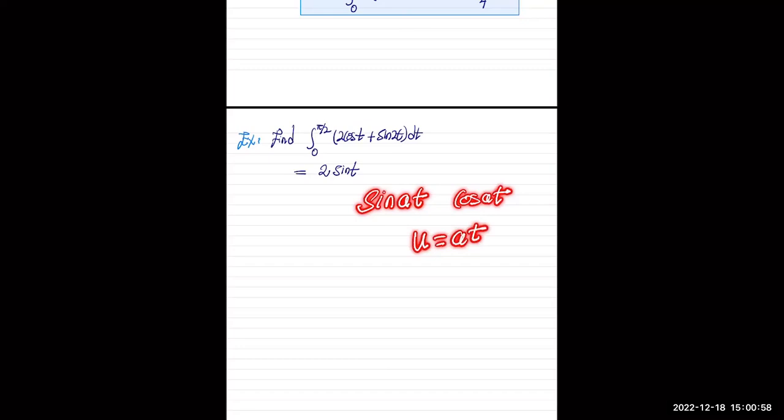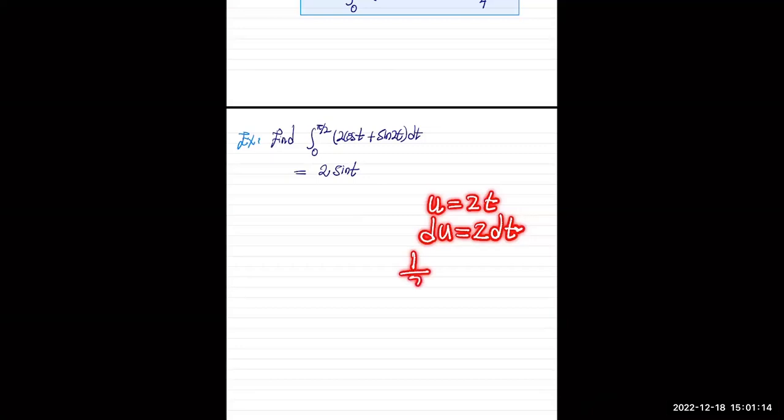So if I let u equal to 2t, then du is 2 dt. Then I would divide by 2, get 1/2 du equal to dt. dt gets replaced by 1/2 du. So the answer is going to have a 1/2 in front.